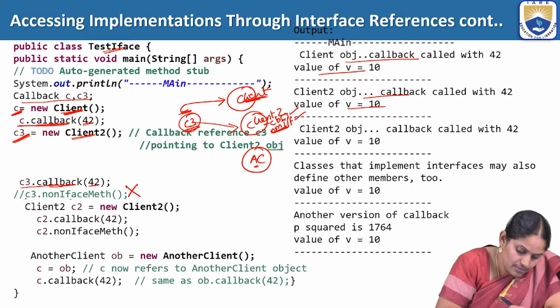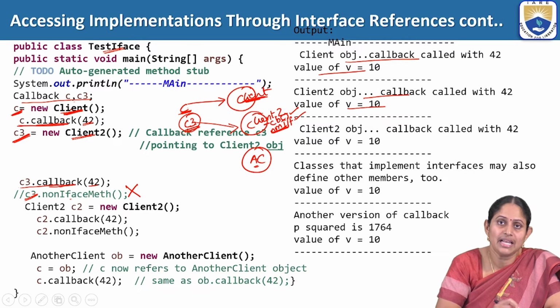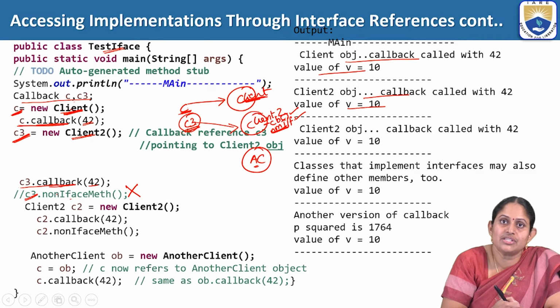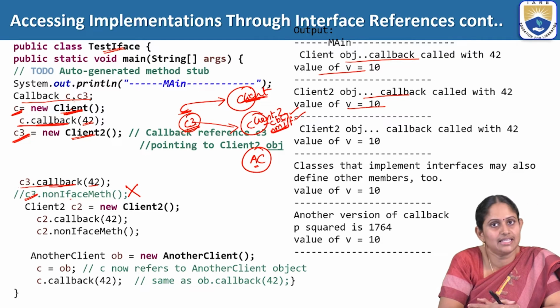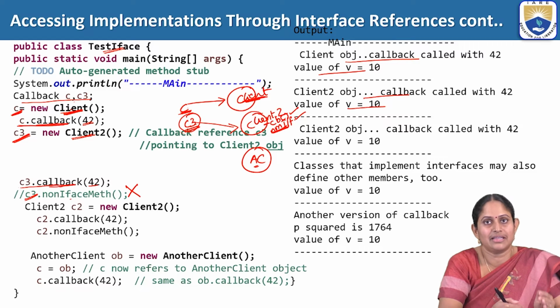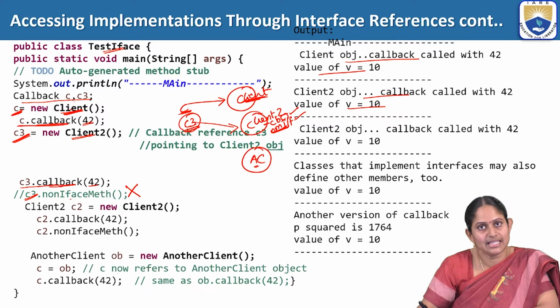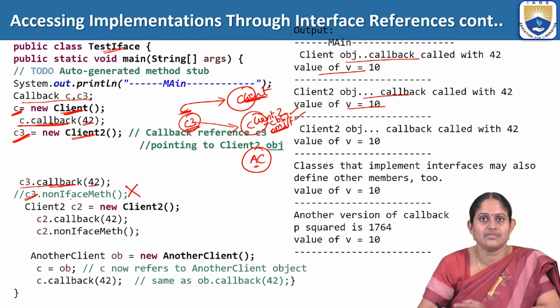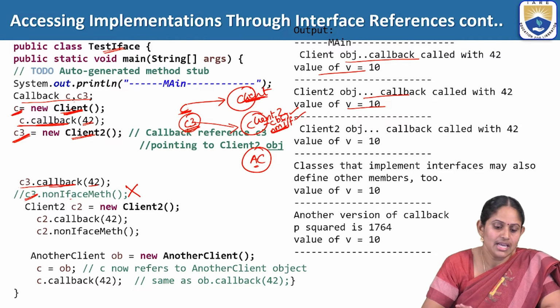The interface reference variable can only access the methods which are defined inside the interface. It cannot access the methods which are defined inside the class that has implemented that particular interface.